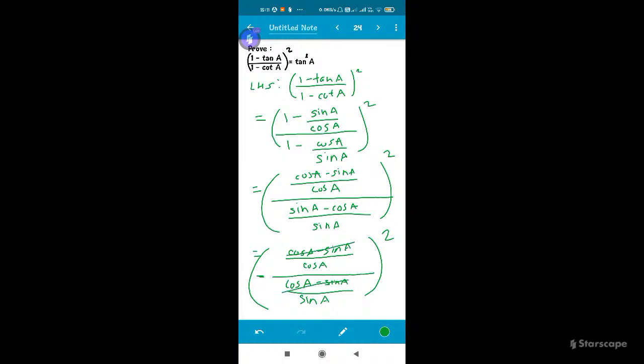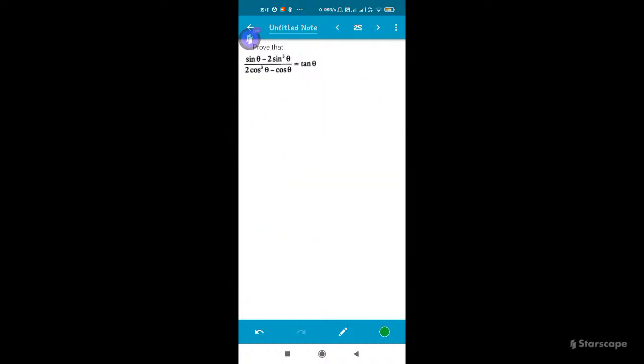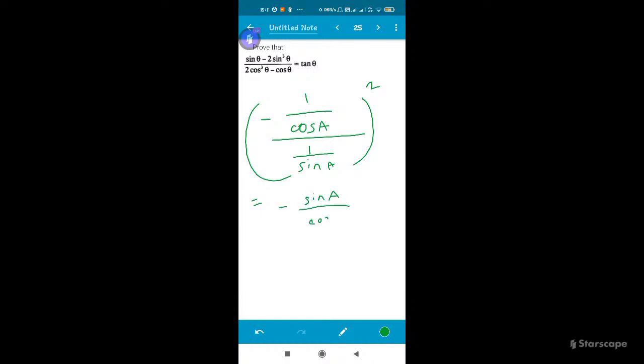Now what do we see? This value and this value is getting cancelled out. We are left with minus 1 by cos A divided by 1 by sin A, whole square. You could have directly done it. I'm just trying to make it a little simpler. So now we can write it as sin A by cos A, simple division formula for fractions, whole square.